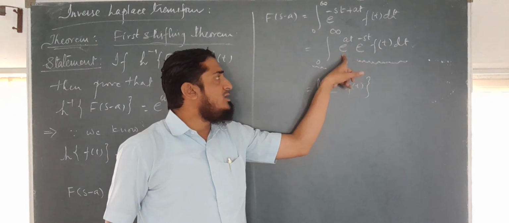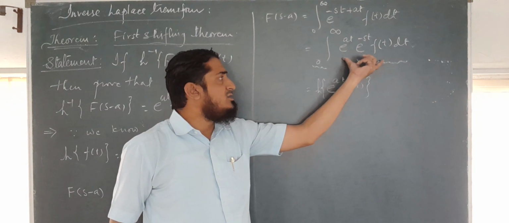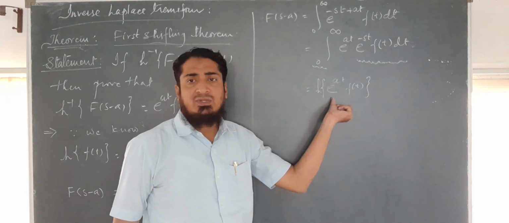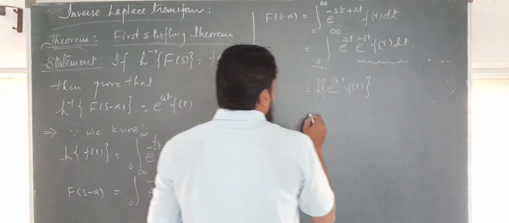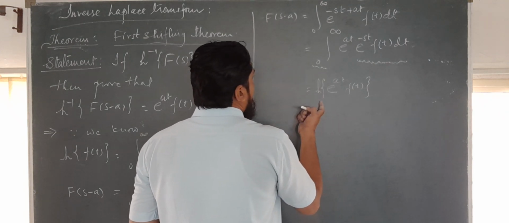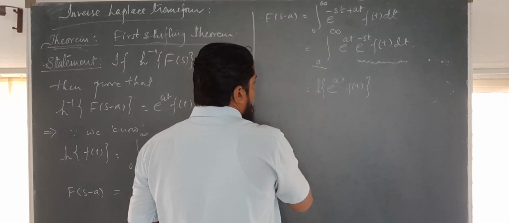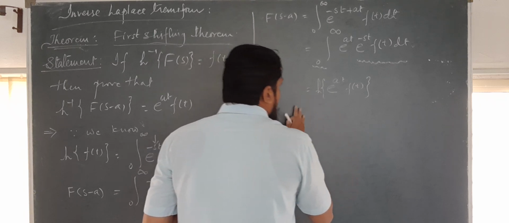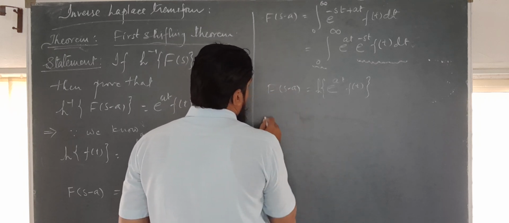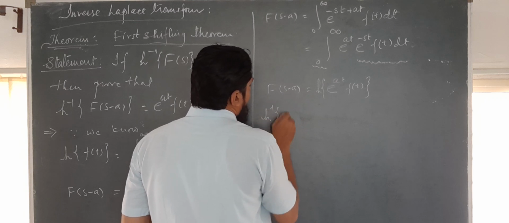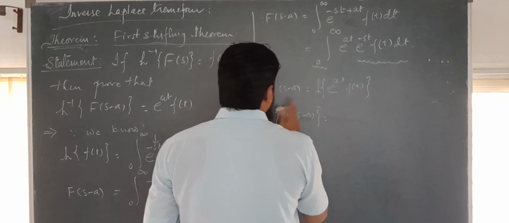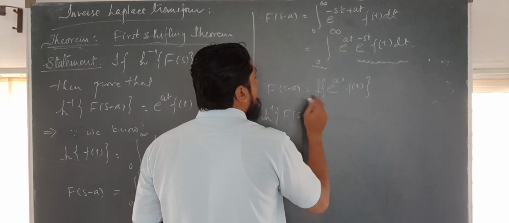We have e raised to at with this function, so we can write it as the Laplace transform of e raised to at f of t. If we shift the Laplace operator to the left-hand side, or apply the inverse Laplace transform to both sides, we will get the inverse Laplace transform of F of s minus a is equal to the inverse Laplace transform and Laplace transform operator both get cancelled.